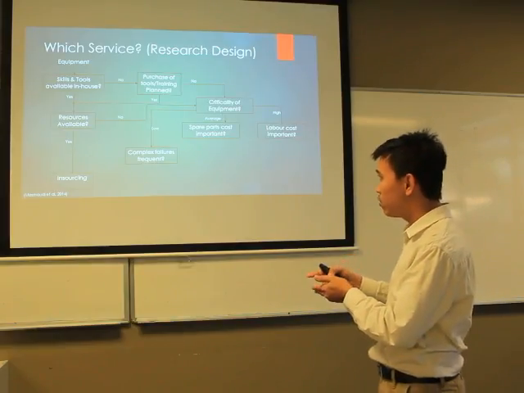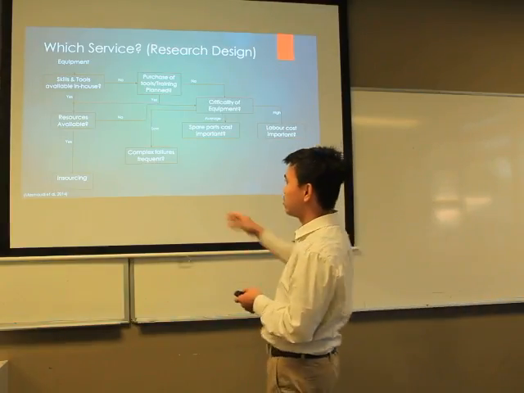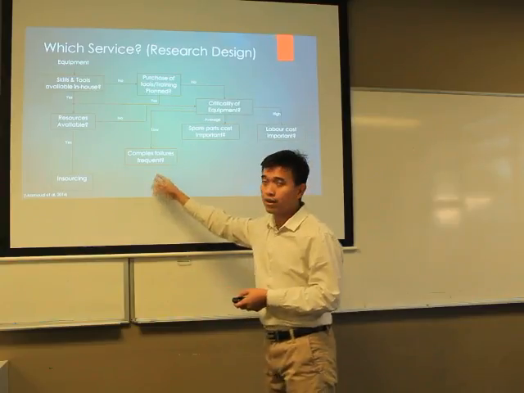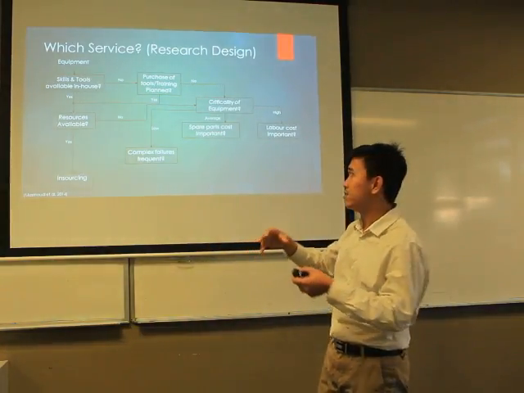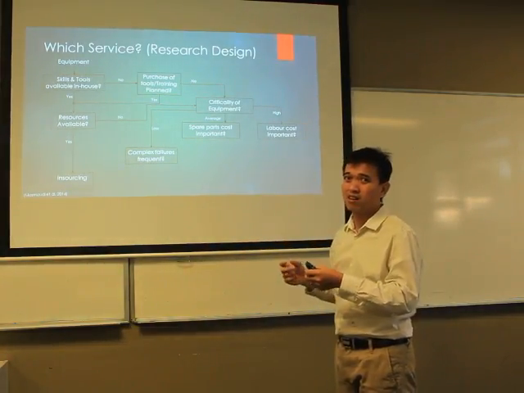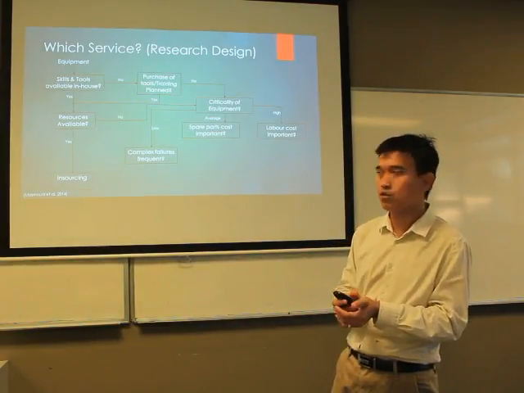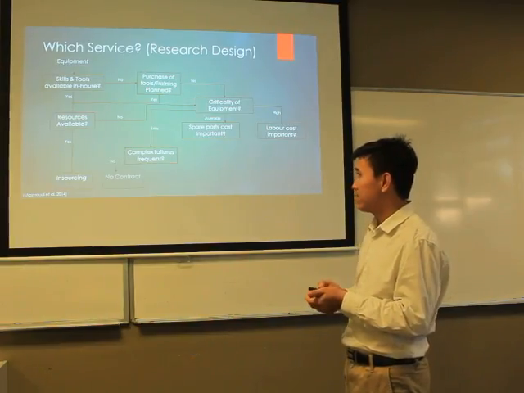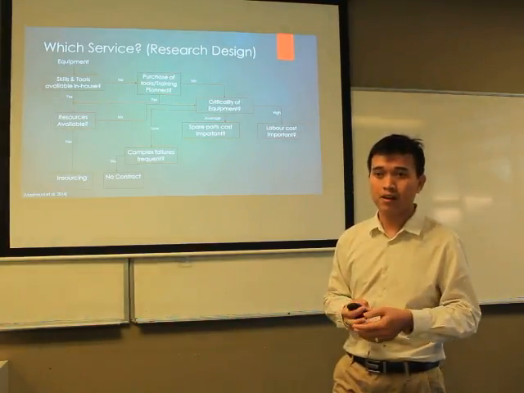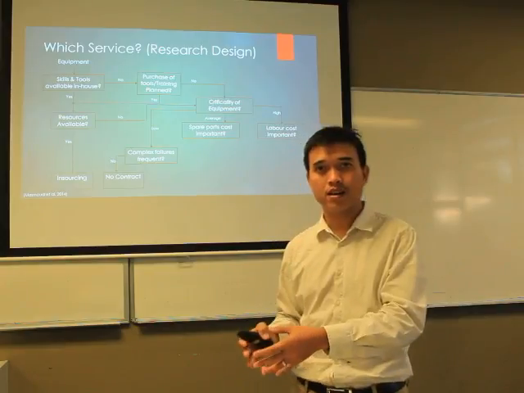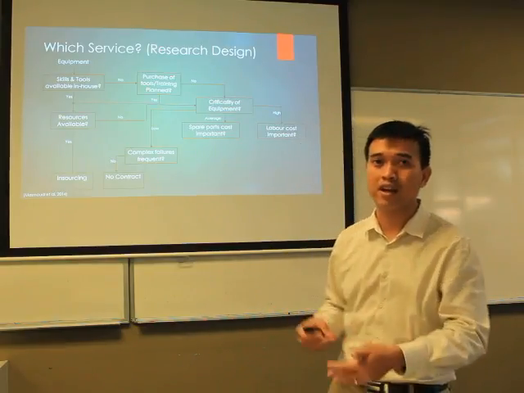If it is low, then another question is whether the equipment failure is complex or not. Is it easy to be maintained? If it is no, then the outsourced maintenance can be done without any contract.